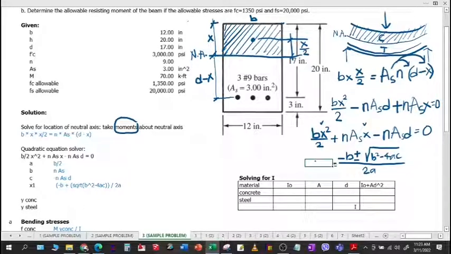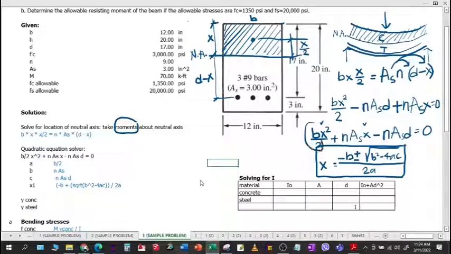So we can solve the quadratic equation using this formula. Okay? So all we have to do is identify what is your b, identify what is your a, identify what is your c. Now, in this equation here, a is this. This will be your a.